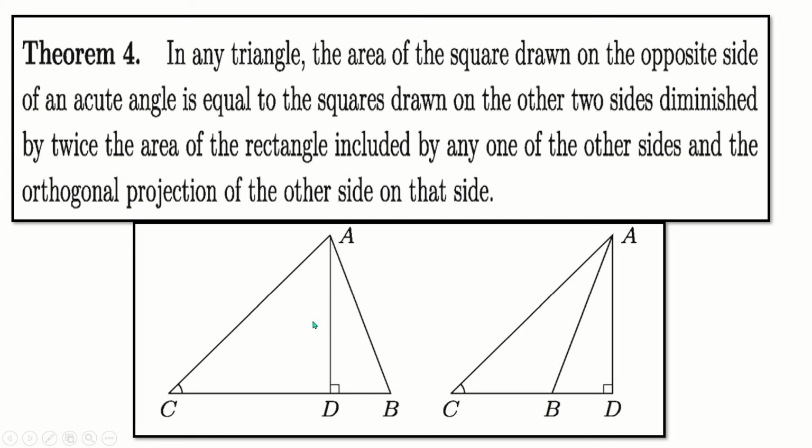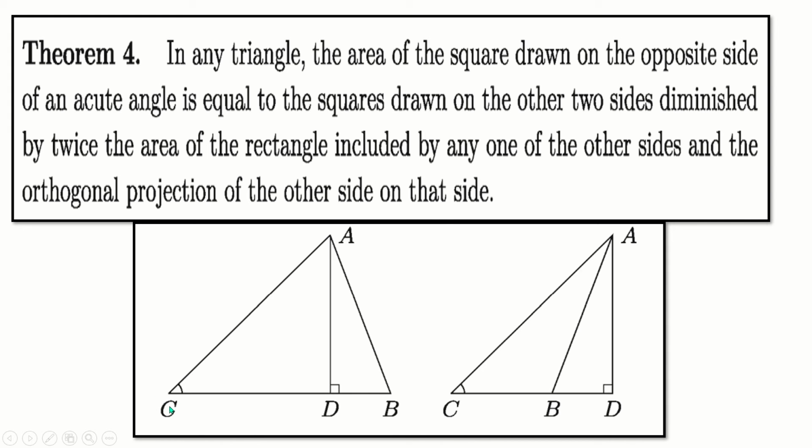Here, the side opposite to the acute angle. Here, angle C is the acute angle and its opposite side, that means AB. And the theorem says AB square equals the sum of squares of the other two sides, that means AC square plus BC square, minus 2 into, if we take one side BC, we have to take the orthogonal projection of the other side.